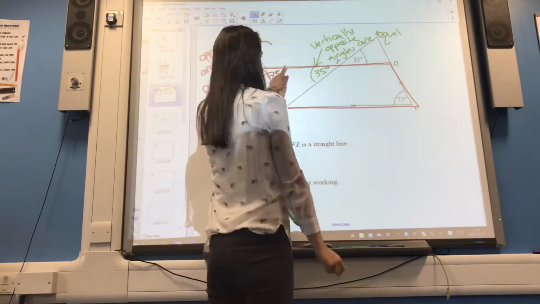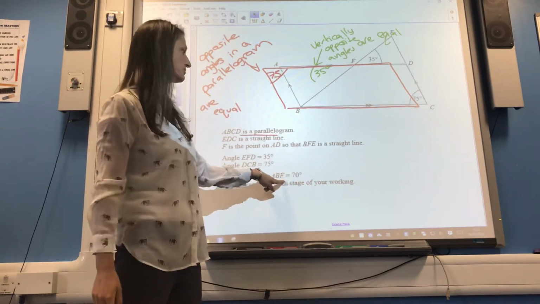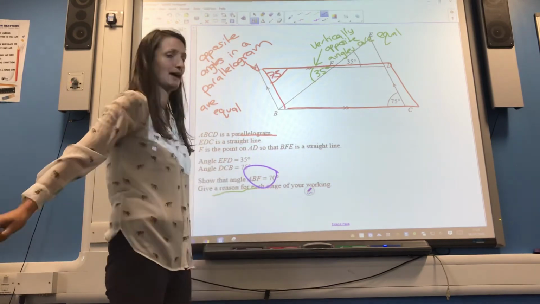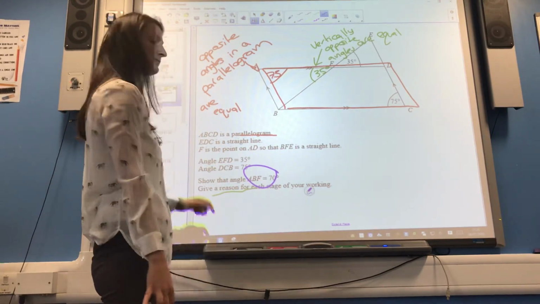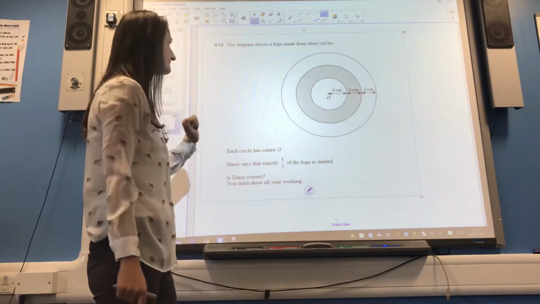Now, if you know these two, you know what angles in a triangle add up to, so you can use those two to find the angle ABF is 70. Hope that helps. Pause the video and make any corrections you need to.